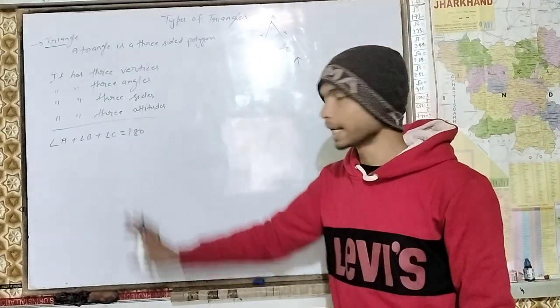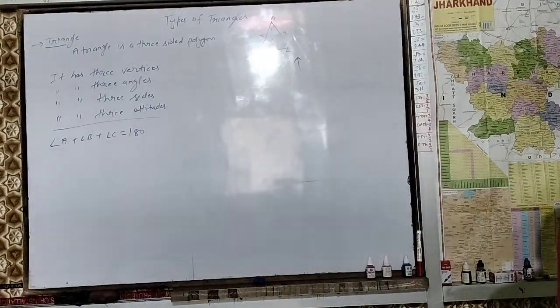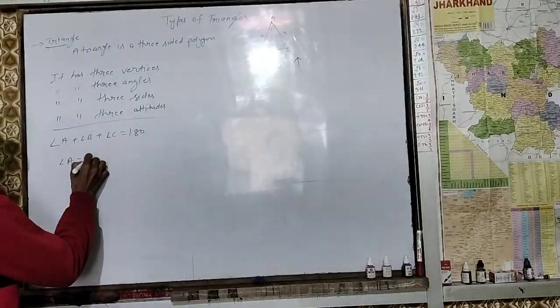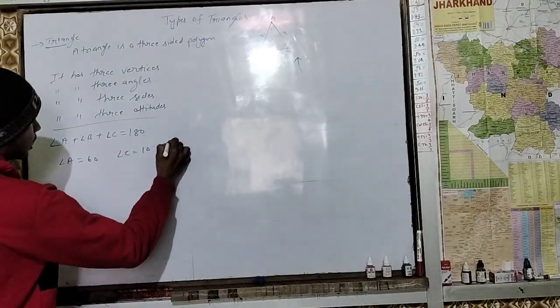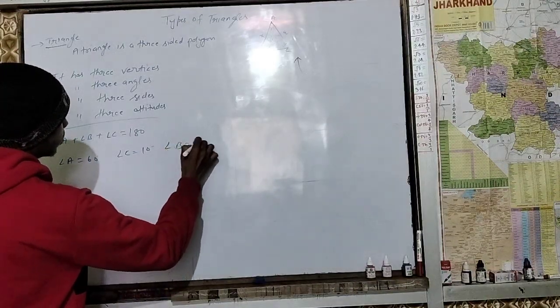And you will get three angles. Let's say angle A is given, which is 60 degrees. Angle C is also given, which is 10 degrees. The question is asking what angle B would be.